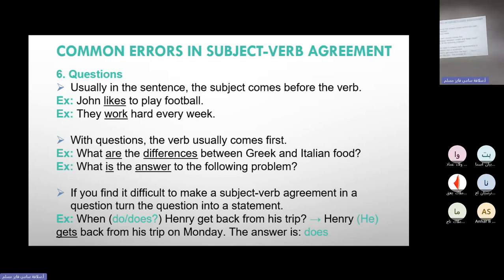John or they is the subject that starts a sentence. With questions, we change the order of the sentence, so the verb comes first after the question word.